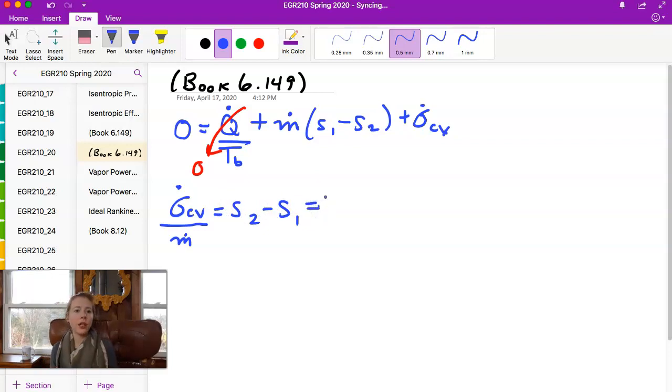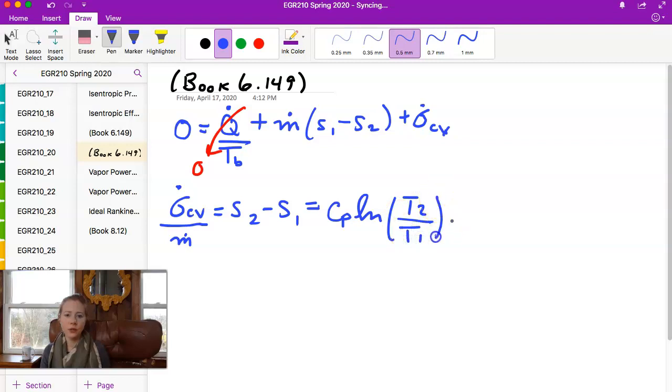All right, well, now we're also dealing with an ideal gas. And so S2 minus S1 for an ideal gas with constant specific heat for the process, so constant CP, we can use this nifty equation where delta S is equal to CP times the natural log of T2 over T1 minus R times the natural log of P2 over P1.